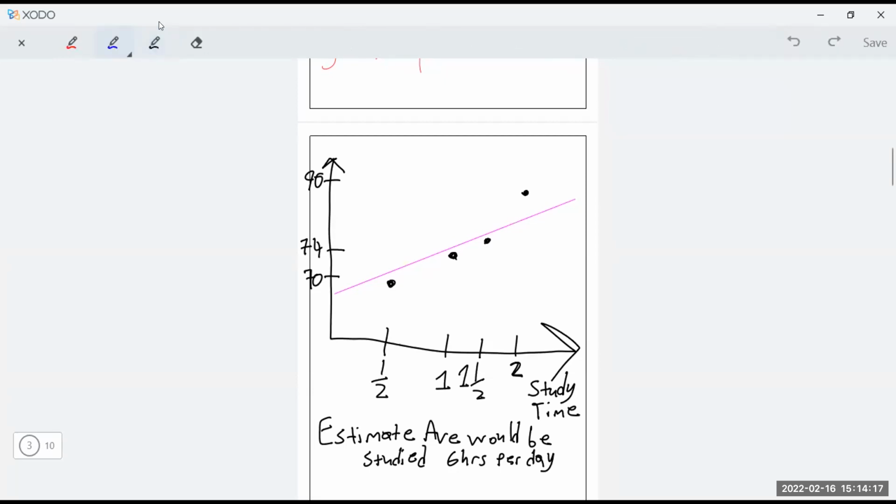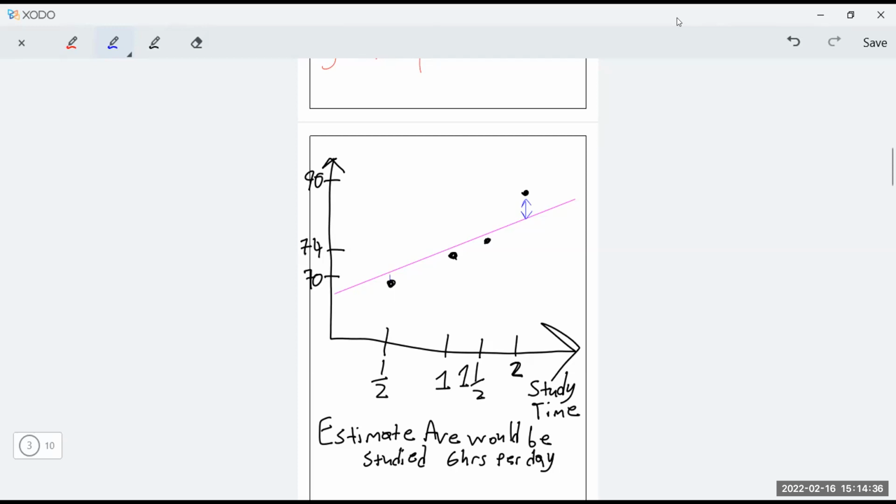Now that best fit line right there, what we're really doing is finding the deviation from each point to the best fit line. And what we're trying to do is find the average deviation from each point.